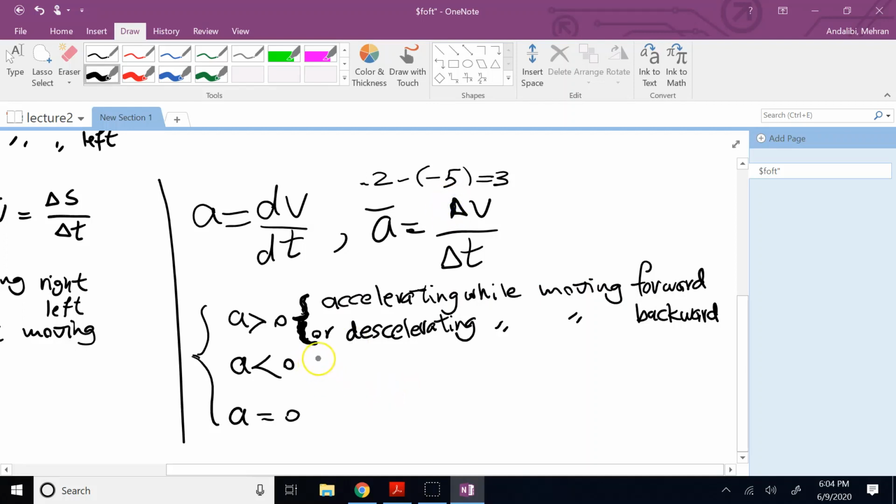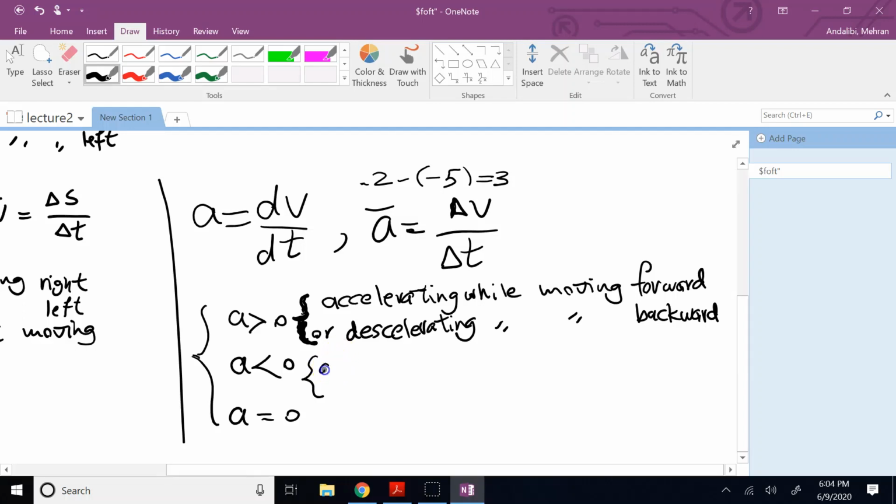The same thing for negative acceleration. What does it mean for driving a car? You're moving forward, but all of a sudden you nail the brake. What happens? You go from 10 to 5 to 2 to 0. So if you subtract, you're subtracting now 2 minus 5, which is negative 3. So nailing the brake when you're moving forward, that is negative acceleration, correct?